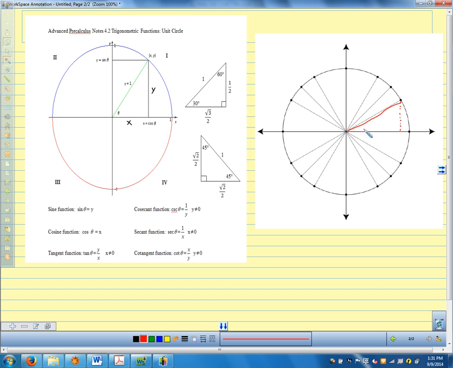This first angle is this 30, 60, 90 triangle. The angle is 30 degrees. We want to start thinking in radians. So 30 degrees is how many radians? Pi over 6. So this is going to be pi over 6 radians.